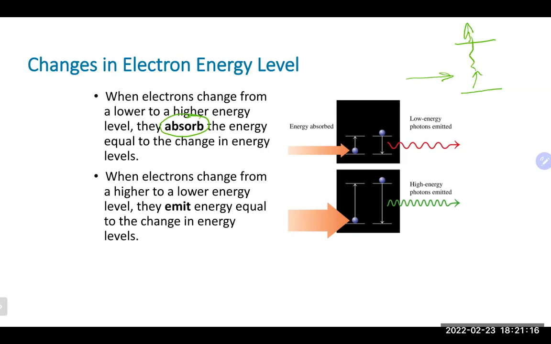Kind of like what we were talking about with the fireworks, the explosion gives it all that energy. You throw on the lamp, it has electrical current going through it, gives those guys all that energy. It's absorbing all that energy. What we actually see a lot of times when we look at color is an emission type spectrum. It has to emit or give off that energy as those electrons are coming back down.